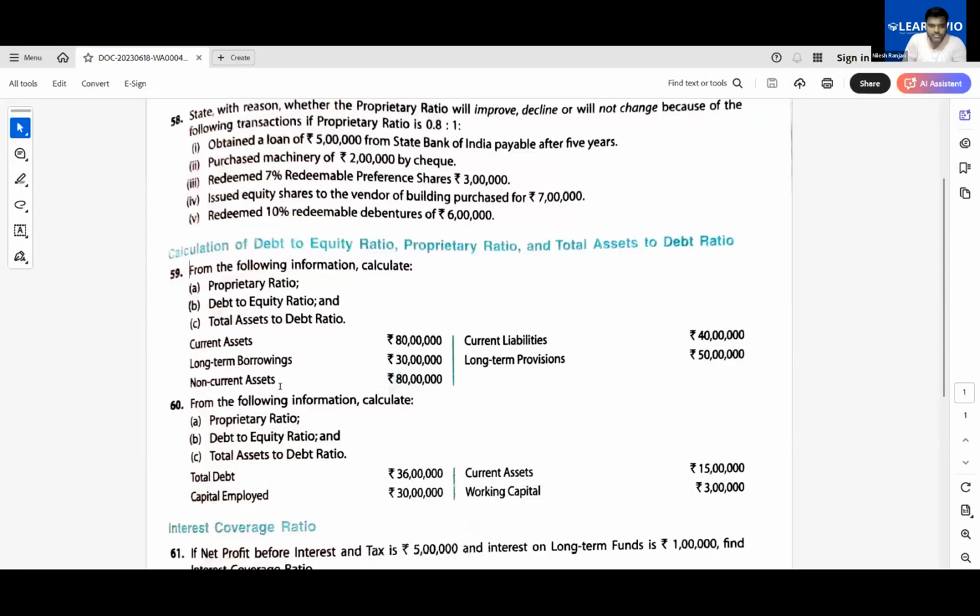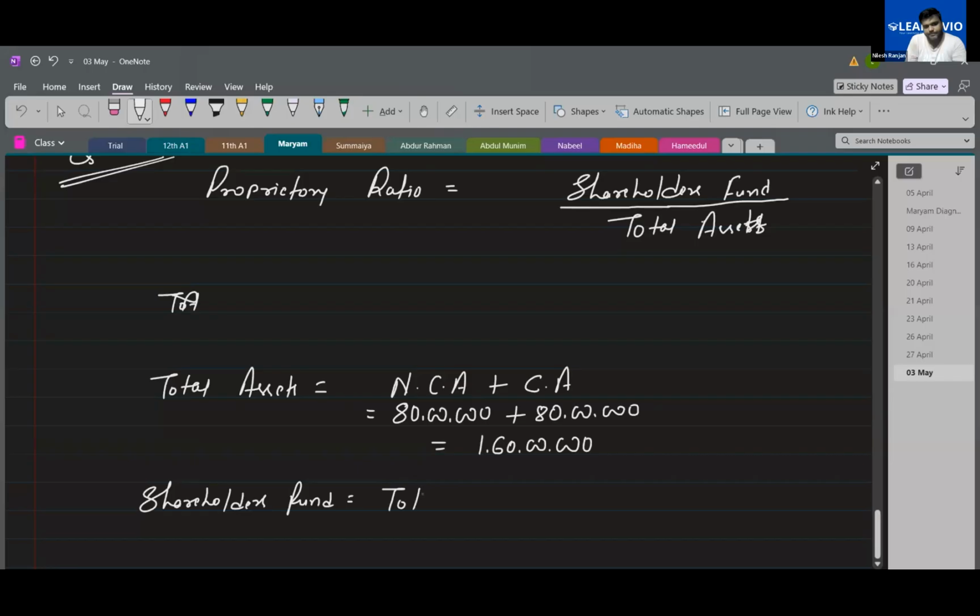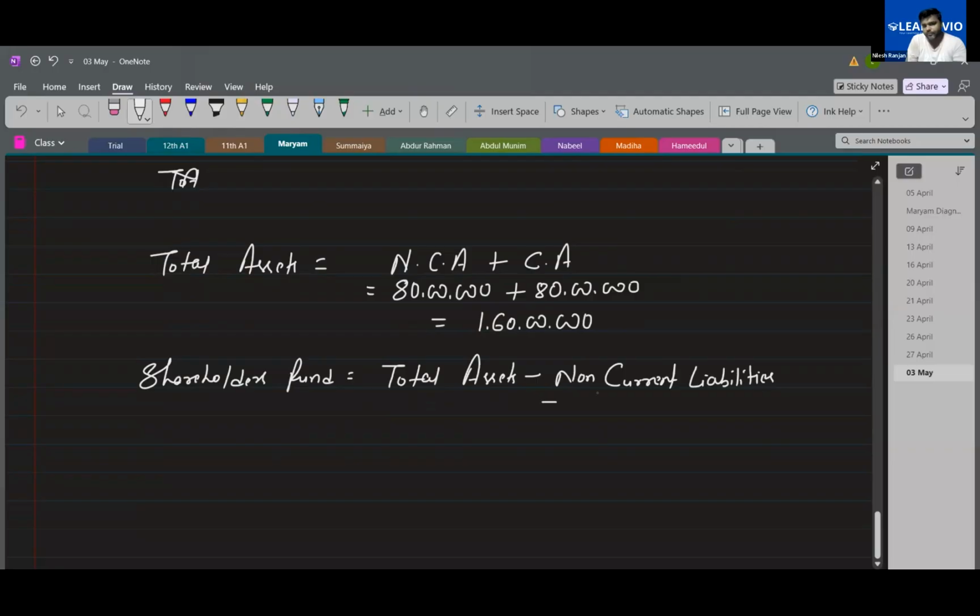Shareholders fund, we have to calculate total assets minus non-current liabilities minus current liabilities.